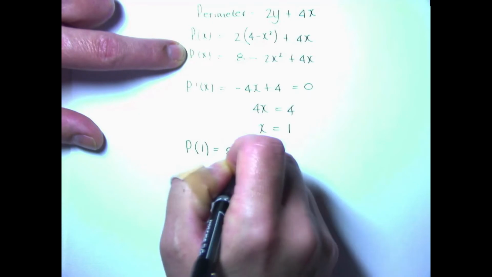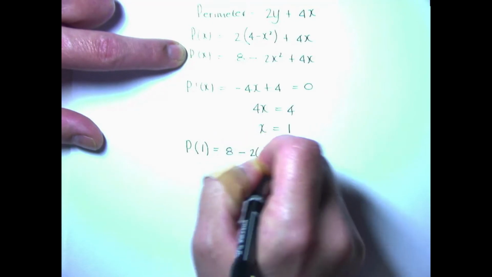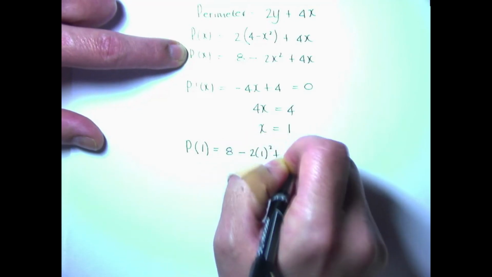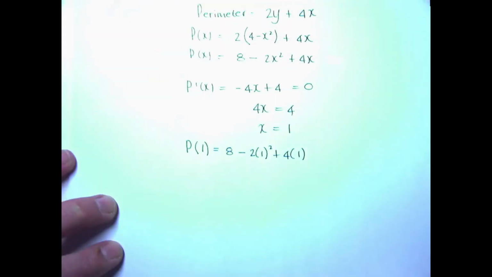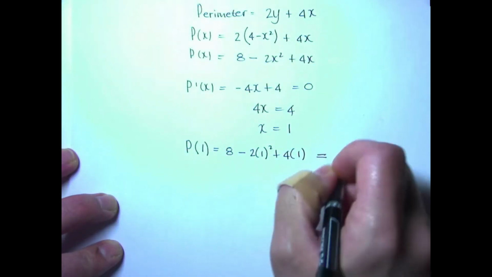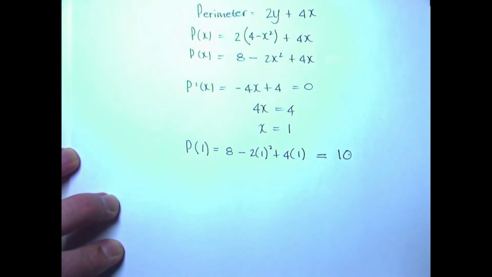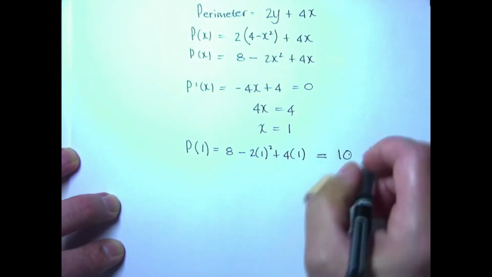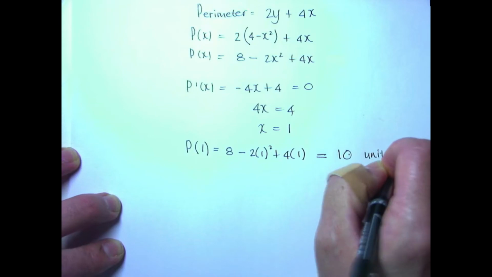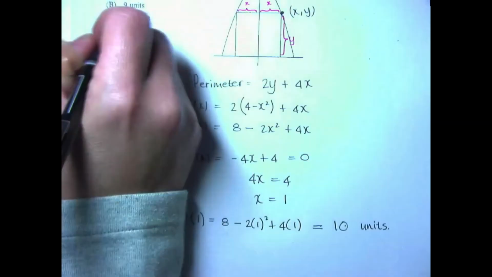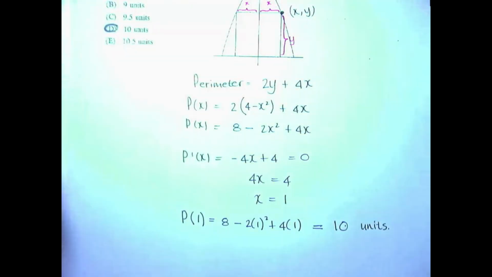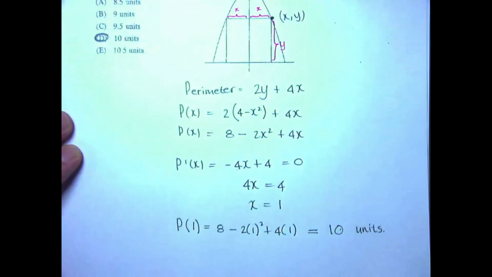So it will be 8 minus 2 times 1 squared plus 4 times 1. This is equal to 10. And this is going to be whatever units. They did not define units. So my answer here will be D. This will be equal to 10 units.